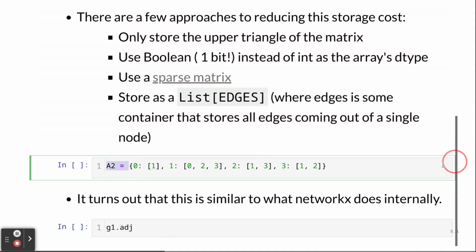Here we have a dictionary where we have as keys each node in our network, so 0, 1, 2, 3. And then we have as the value a list of integers representing which other nodes that one is connected to. So here we could say node 0 is connected to only node 1. Node 1 is connected to nodes 0, 2, and 3, and so on.